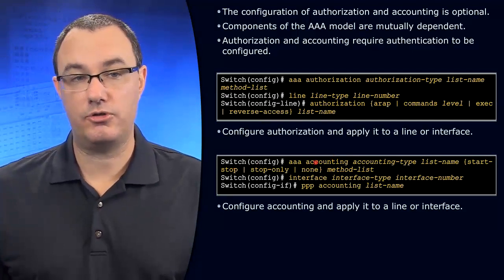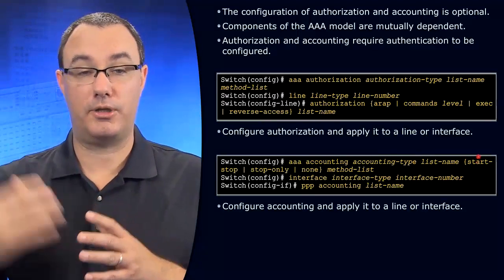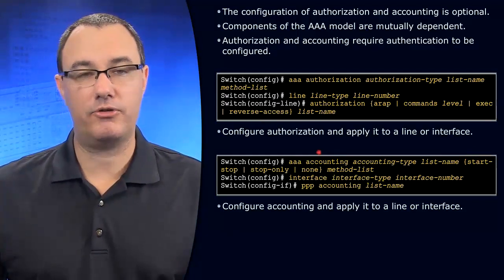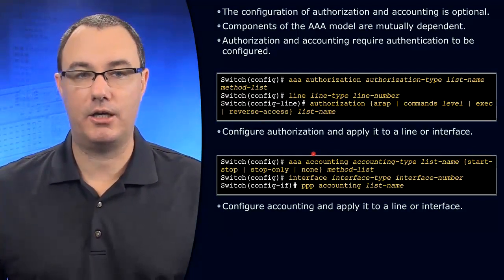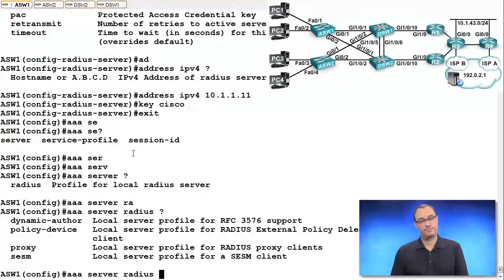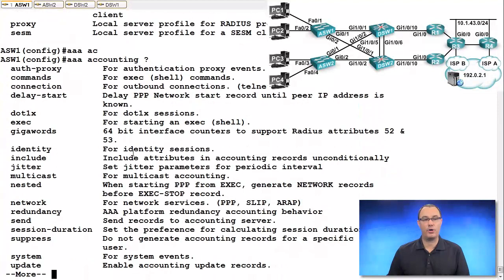access? Usually what we do is start-stop, which is anytime something is turned on or something is turned off. And so the key players in a AAA accounting config: what type of accounting are you doing? Let's actually take a look. What type of accounting are you doing?